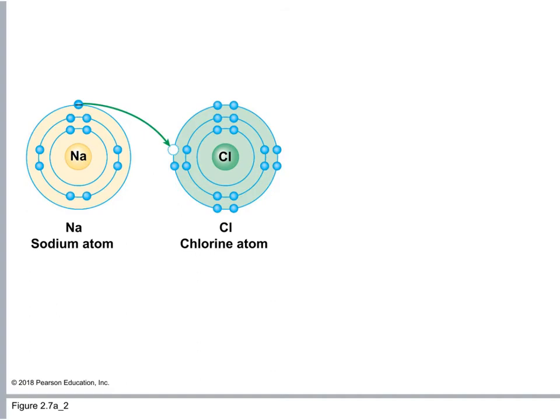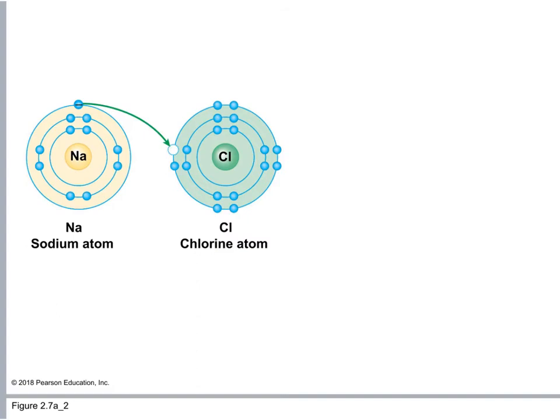Sodium, for example, has one electron in that third ring that could hold 8, and chlorine only has 7, so it could use one more. When they bump into one another in nature, that one electron in sodium is attracted to chlorine because chlorine says, hey, I can use this electron and I would be full and stable with 8.